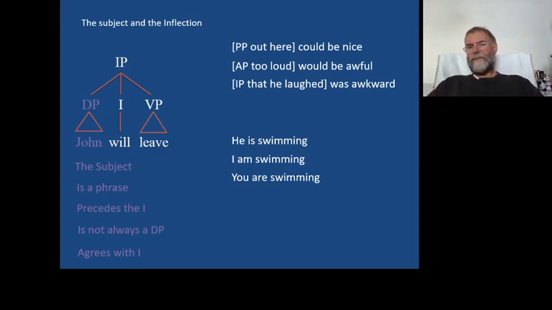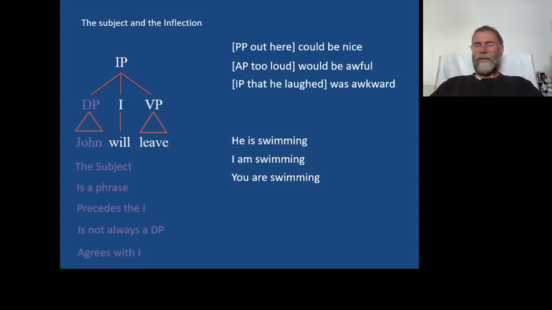If we have a third person singular subject, then the form of the verb is. He is swimming. If it's a singular first person subject, then the form is am. I am swimming. And if it's anything else, say plural or second person, then the form is are.